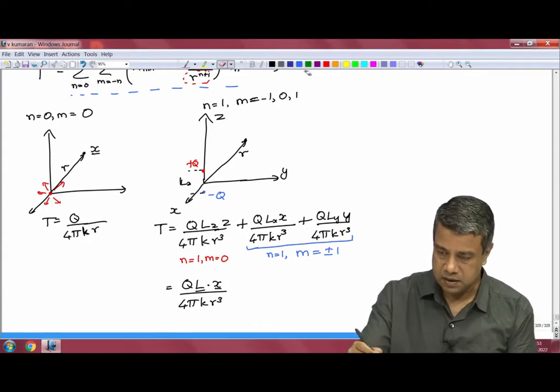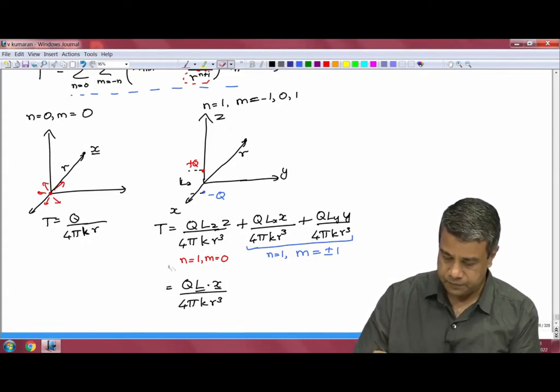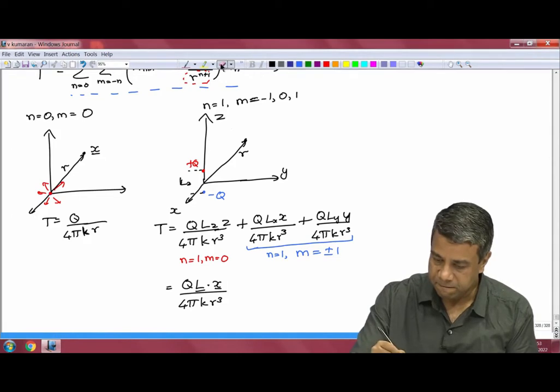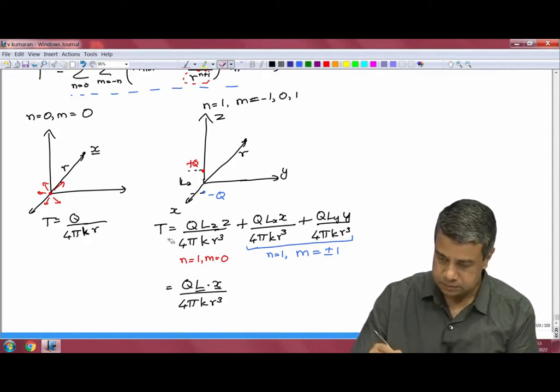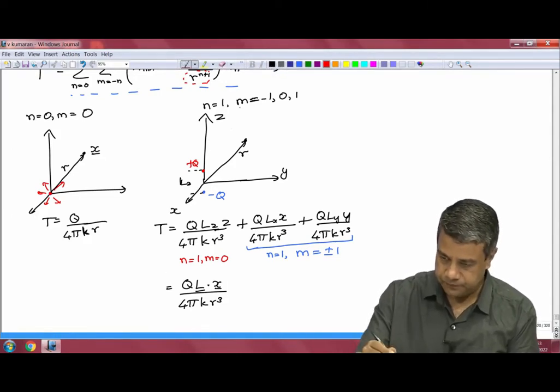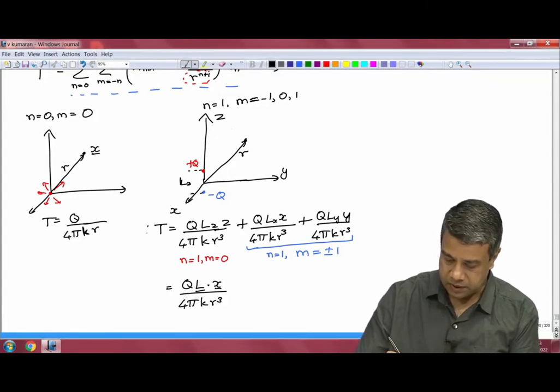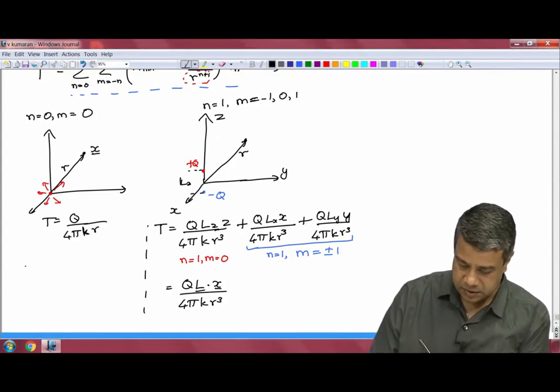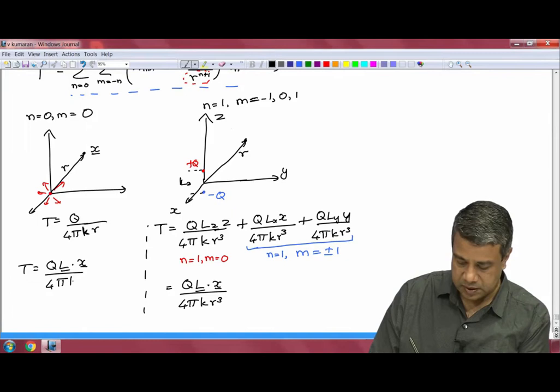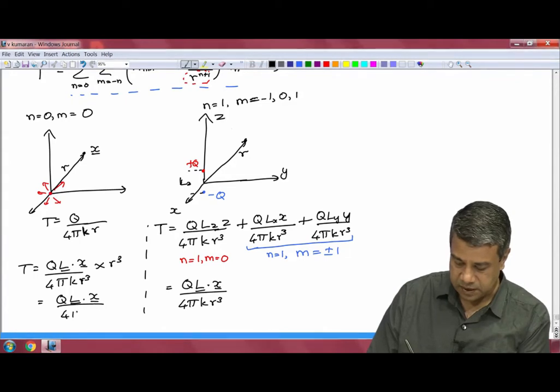Okay. So, therefore, the growing harmonic solution is T equal to q L dot x by 4 pi k r cubed, into r cubed, which is equal to q L dot x by 4 pi k.